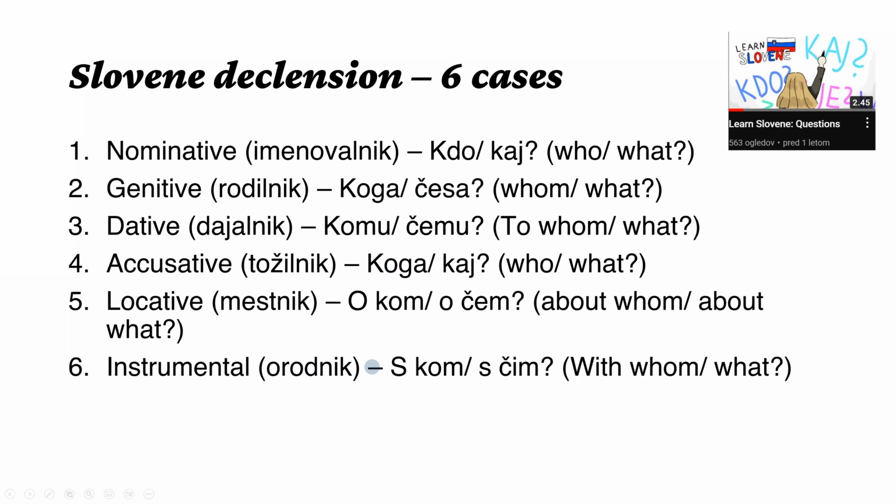Each of these cases has a question attached to it. So nominative has kdo ali kaj, who or what. Genitive has koga ali česa, whom or what.